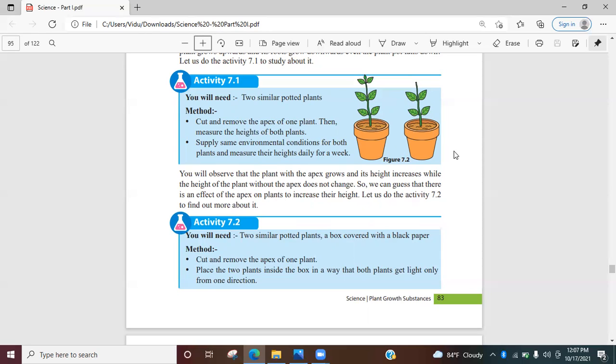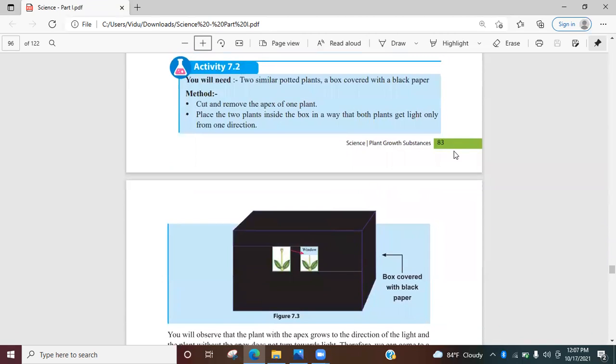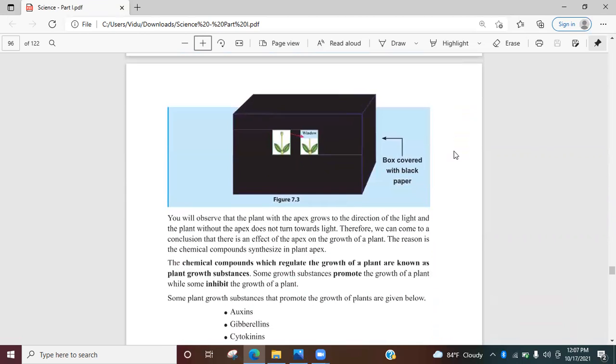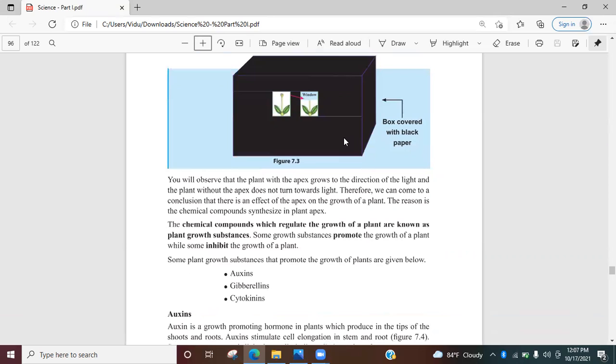Now let's discuss activity 7.2. For activity 7.2, you need two similar potted plants and a box covered with black paper, like this, and you should cut a hole to let light enter from one direction.